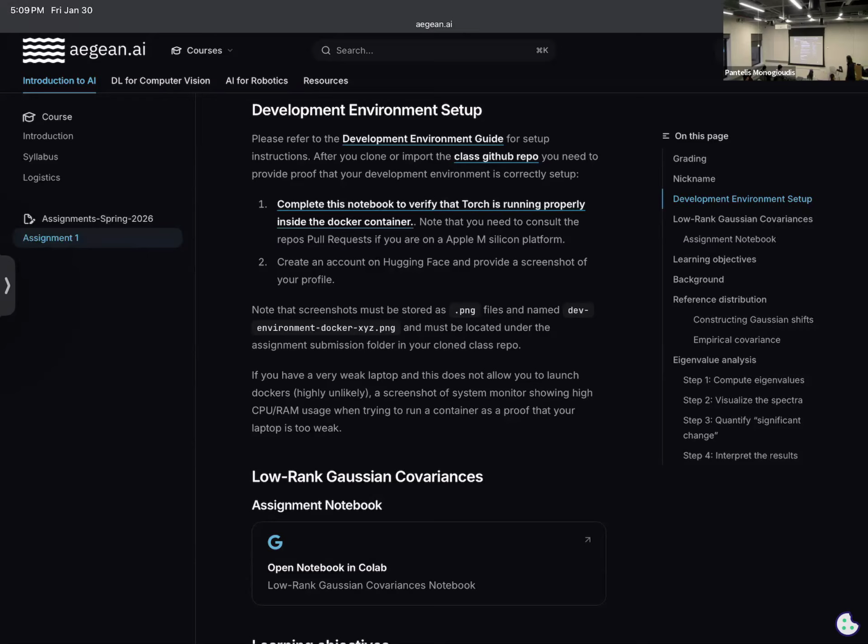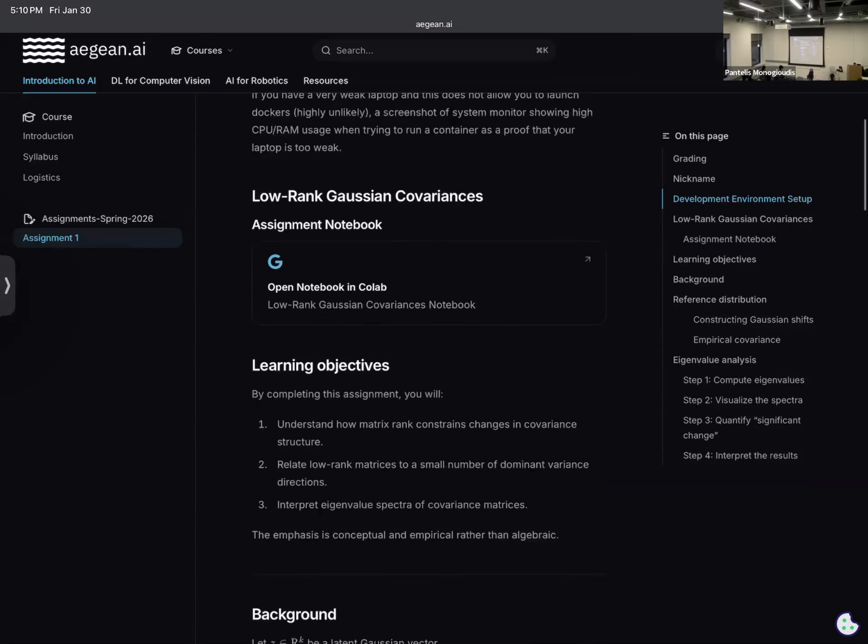For those on the Mac machine, just use it locally with the UV, and you can get PyTorch to be accelerated locally on your Mac. I'm going to put a note in Discord to make sure that everyone is familiar with this, and also add this instruction in the development environment setup so you don't forget.